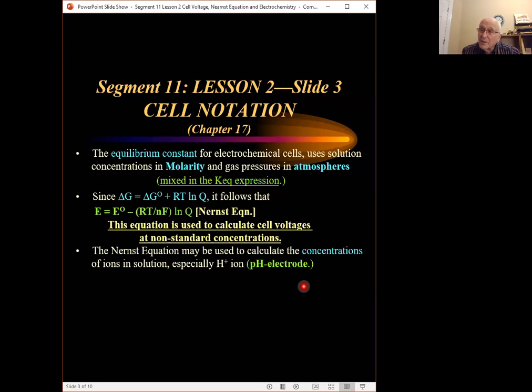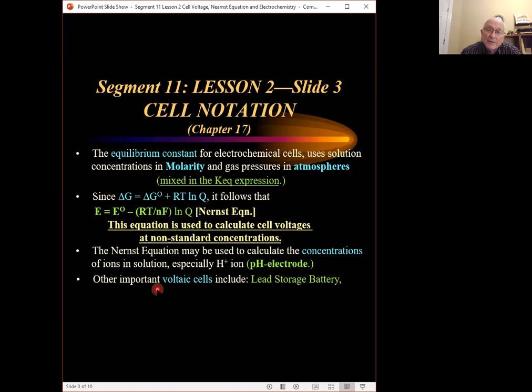So you can calibrate that electrode to measure the pH of a solution. It measures the hydrogen electrochemical voltage first, and then internally, by computer calculations, it calculates what the pH of that solution is. And that's how pH meters work.